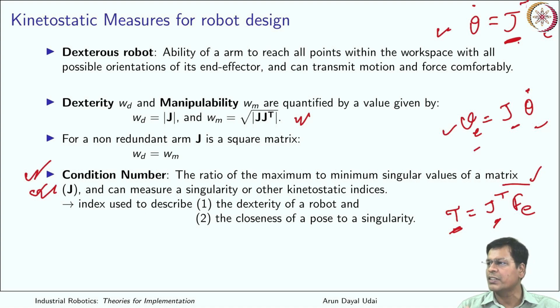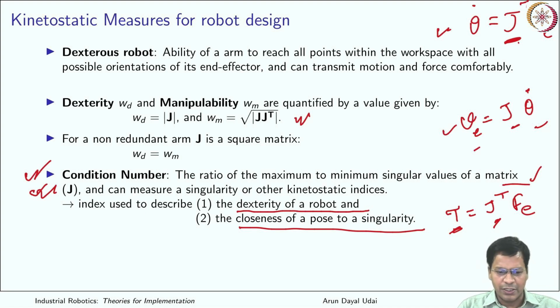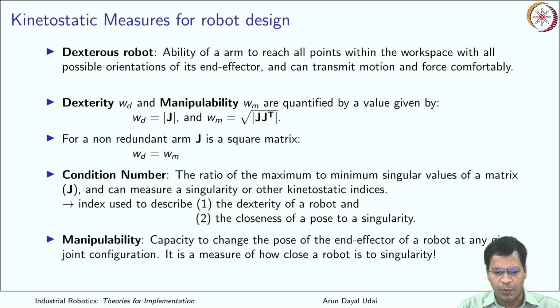So the condition number is a measure of how close your robot is to singularity. It should not be singular. The closeness of a pose to singularity is what is measured by the condition number, and the dexterity of a robot is also measured using this condition number. So these parameters are very, very important.